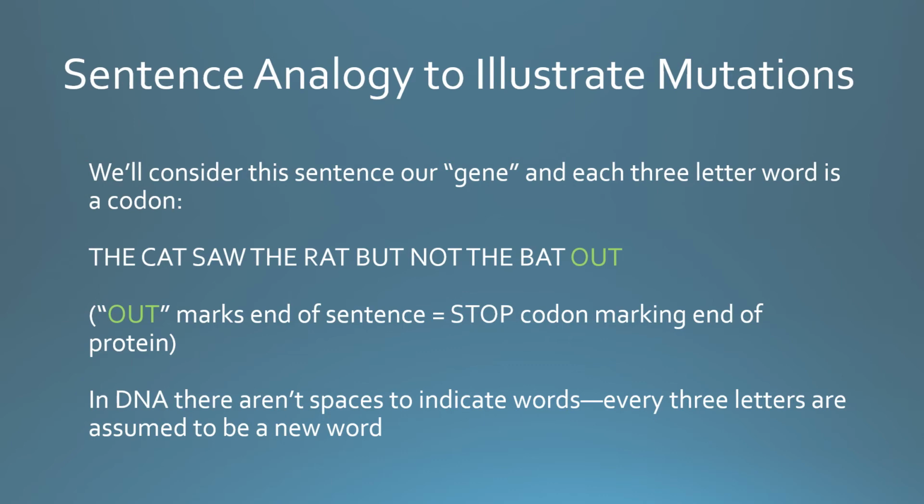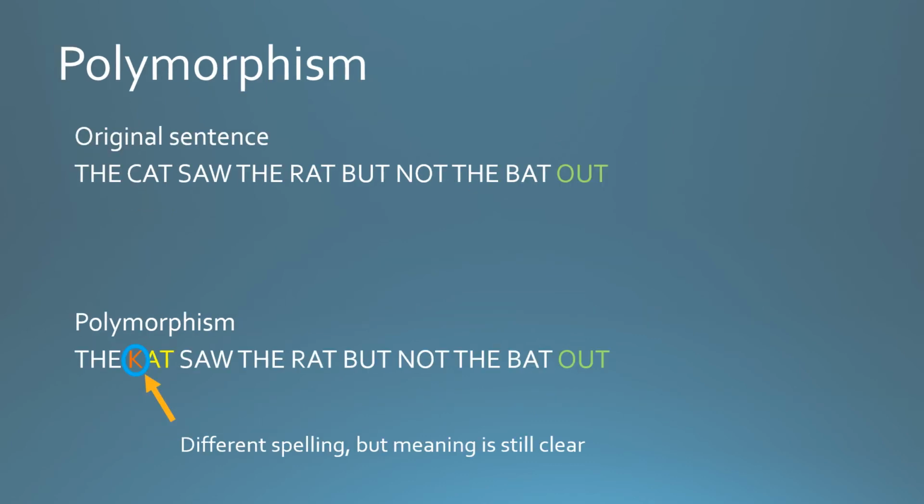So our sentence is going to be, the cat saw the rat, but not the bat. And then there's the word out, which actually isn't really part of the sentence, but it's a code word meaning that this is the end of the sentence. And so then we're going to go through different changes in this sentence and show how they're captured in DNA.